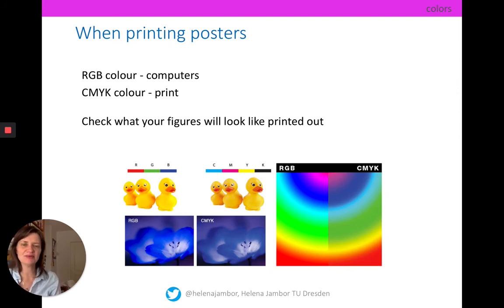Sometimes this can lead to your colors looking muted or somehow different than what they looked like on the computer. So if you want to make sure that something comes out of the printing machine exactly how you want it to look in RGB, you have to do a test print and adjust the colors to a CMYK color scale beforehand and double check if that still looks the way you want it.